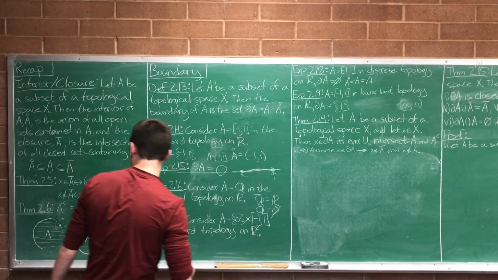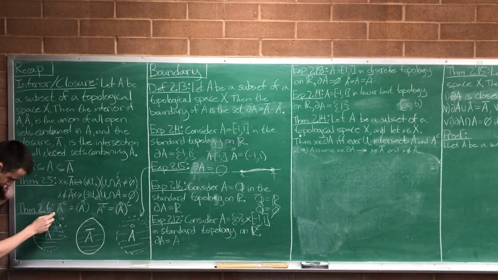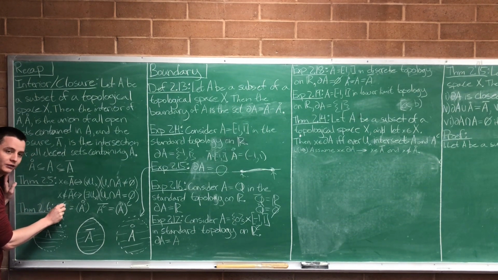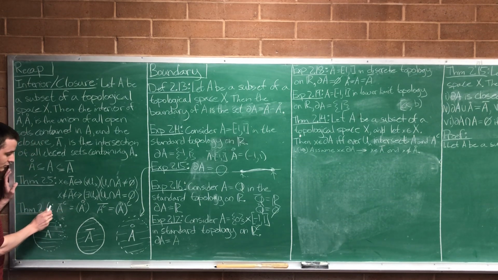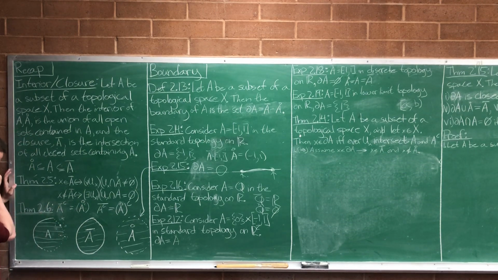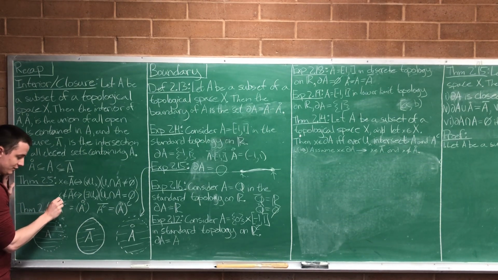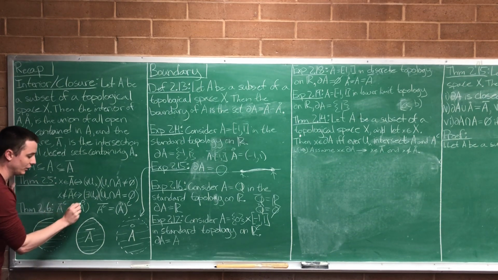Oh, and something that I didn't remind you of that I know we need to use for these. Theorem 2.6 was that the complement of the closure is the interior of the complement.